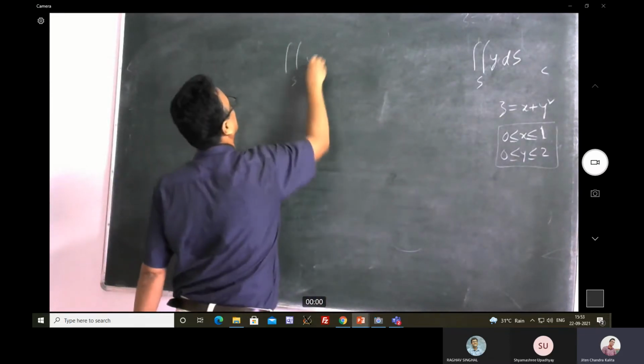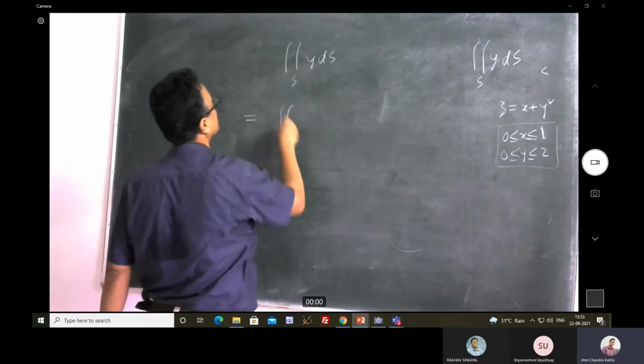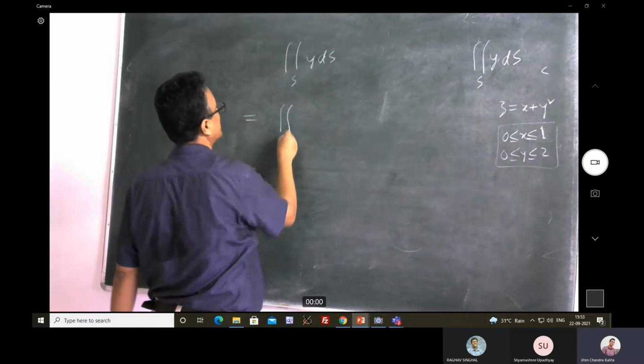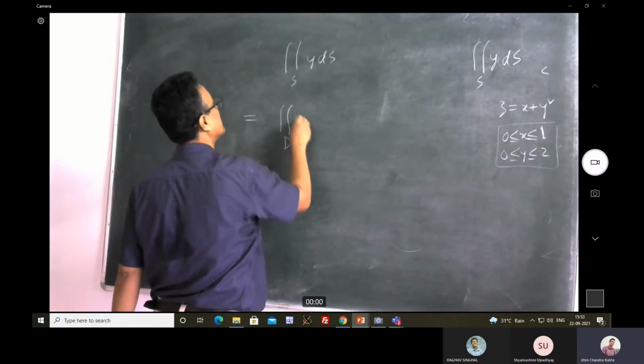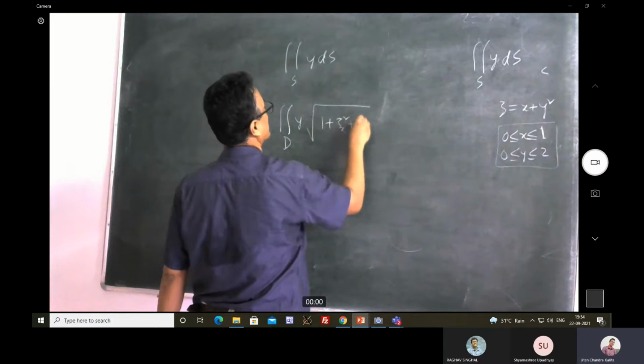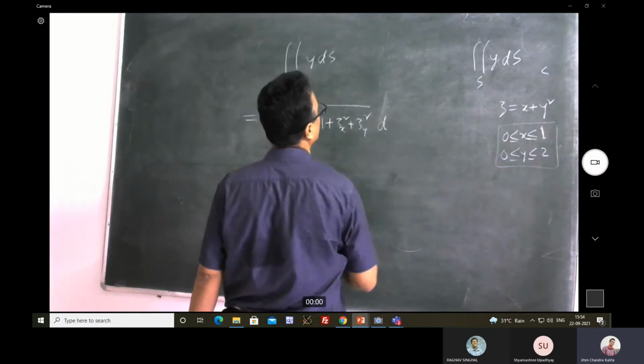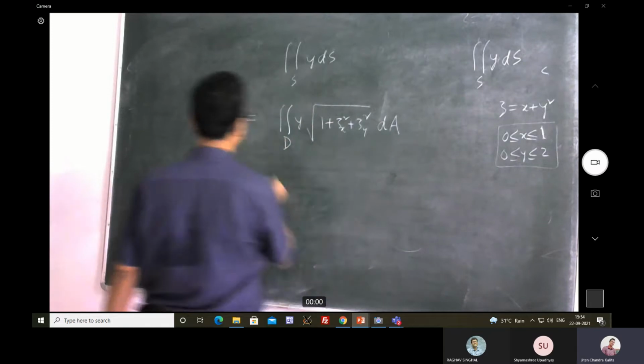So this y dS is simply going to be, now I am going to convert it into y times the square root of 1 plus zx squared plus zy squared, then dA.